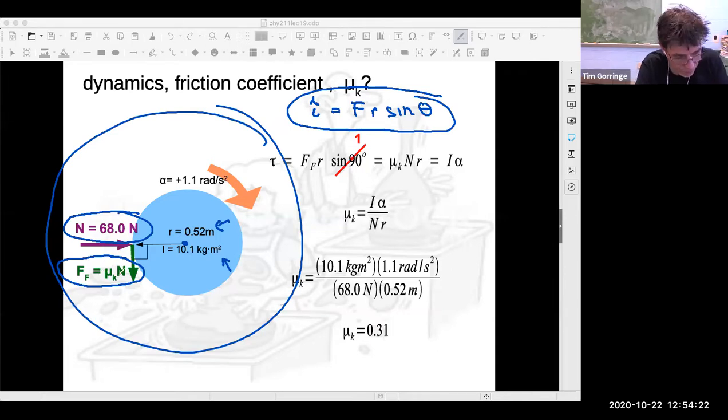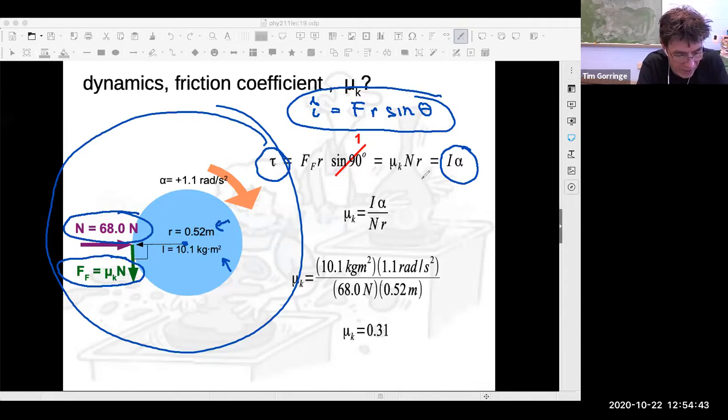And so we're going to apply the law of rotational motion. I've written it rather than acceleration equals torque divided by moment of inertia, as torque equals acceleration times moment of inertia.